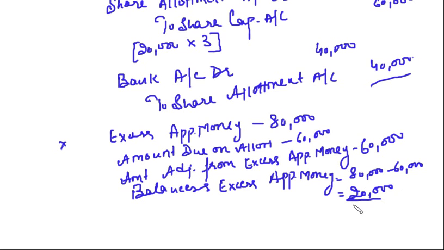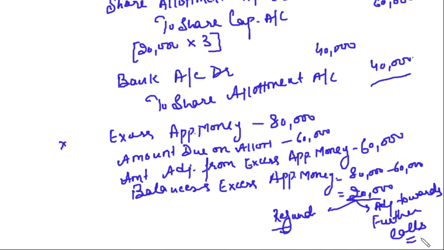If the question says that you have to adjust the excess money only on allotment, then you will refund this money. If the question says that excess application money will be adjusted towards further calls, then you can adjust it towards further calls. Clear? So this will depend upon the language of the question, that either the money will be refunded or the money will be adjusted towards further calls. Clear?